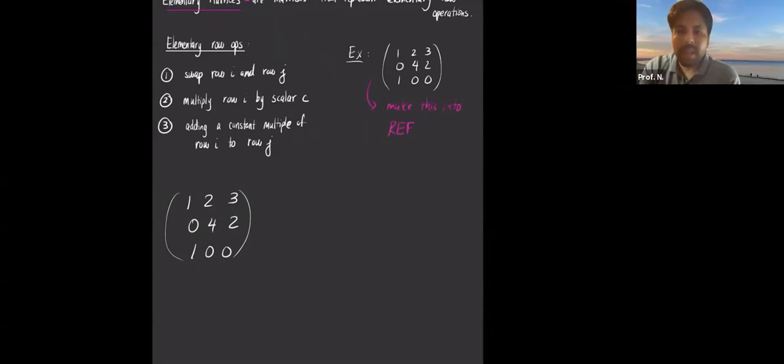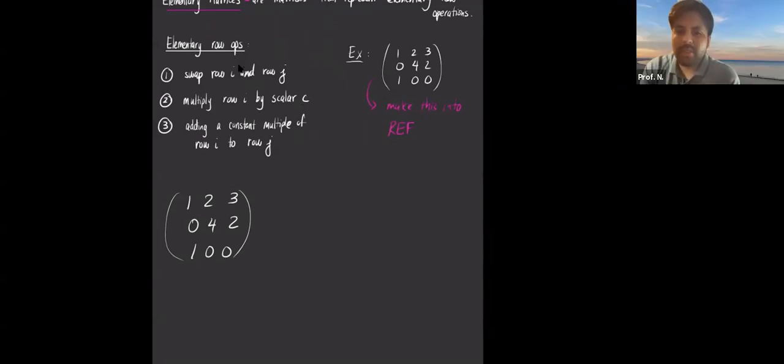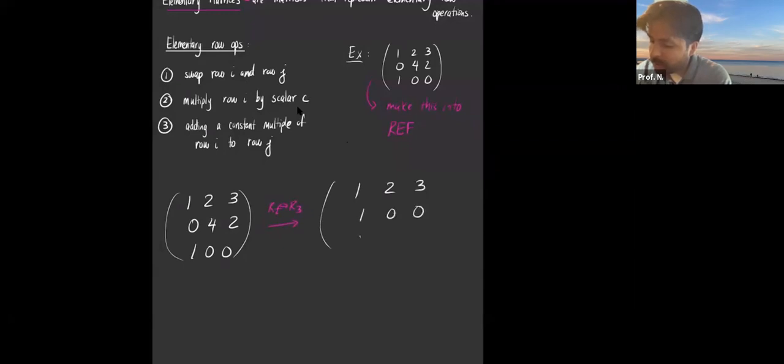Yeah, we can definitely do that, but let me go a different direction. I want to swap rows first. I want to swap row 2 and 3. What does that become? 1, 2, 3, 1, 0, 0, 0, 4, 2.